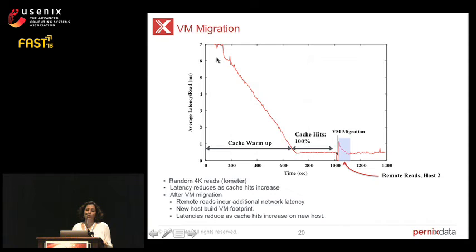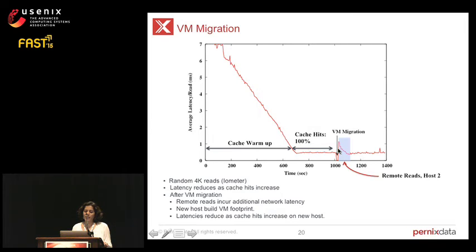So it was a random workload, and as more and more cache hits started happening, the read latency reduced. Eventually, the entire application's working set had been cached on the flash, and so now you have 100% cache hits, and the VM read latencies are basically experiencing flash latencies.